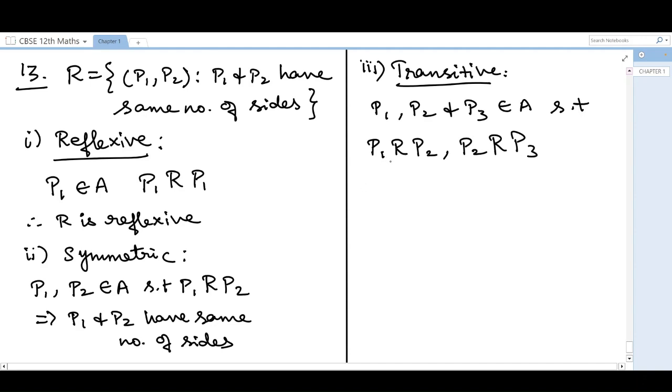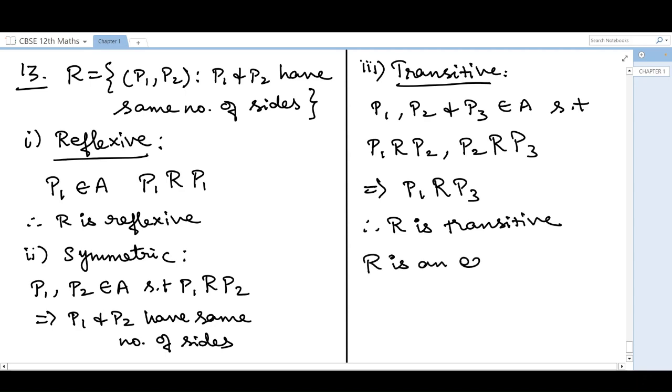So this implies P1 and P2 will have same number of sides and P2 and P3 will have same number of sides. So from this we can say P1 and P3 will have same number of sides. Therefore P1 is related to P3. So the relation R is transitive. Since the three properties got satisfied, the relation R is an equivalence relation.